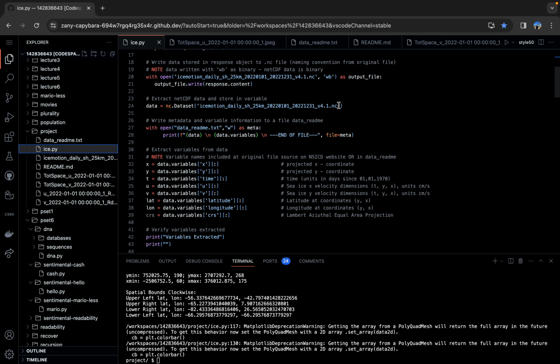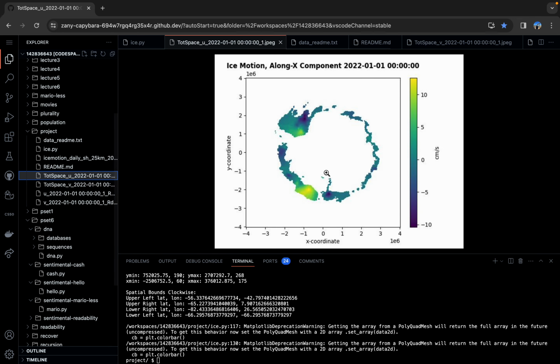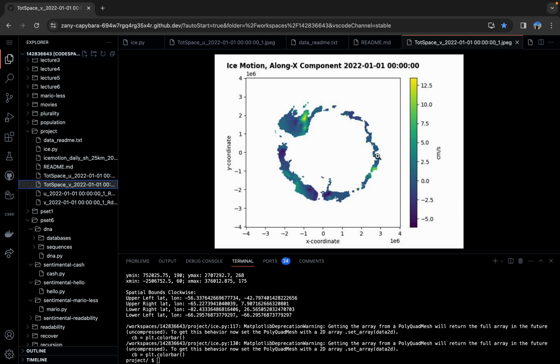So from those variables, I was able to make some plots. I was able to plot the total along X and along Y velocity components for the Southern Ocean as a whole. So you can see here we have some plots all the way up to almost 13 centimeters per second in some areas. And then this paper is going to focus on the Weddell Sea.